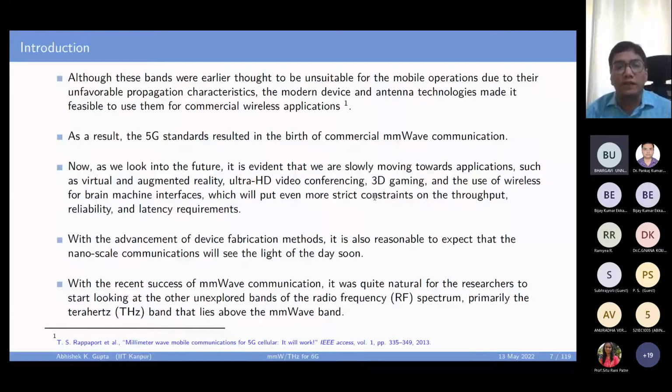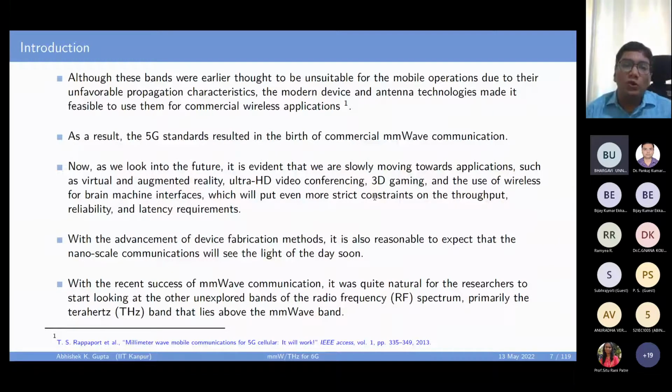But as we look into the future, it's evident that with more applications like augmented reality, ultra HD video conference calling, various data-hungry applications and even some health applications, we require orders of magnitude more throughput and reliability.